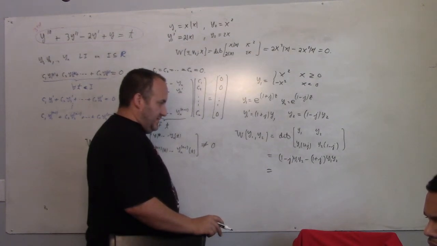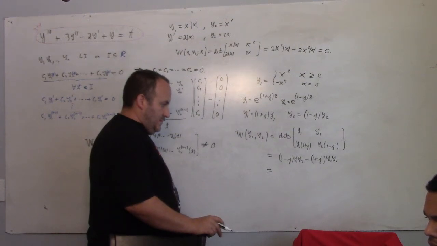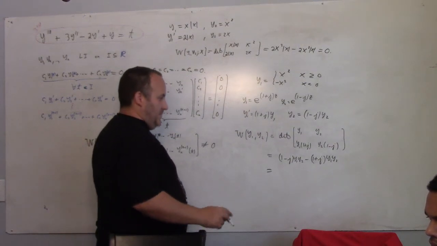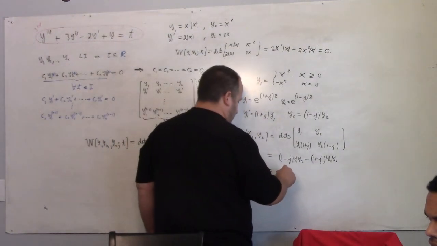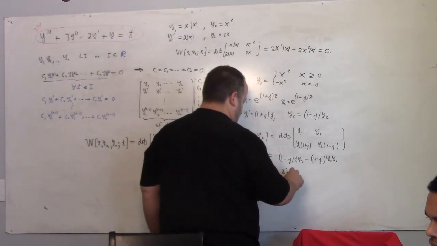The ones cancel, and what do we got? Oh, well, that's no good. Minus 2j y1 y2.